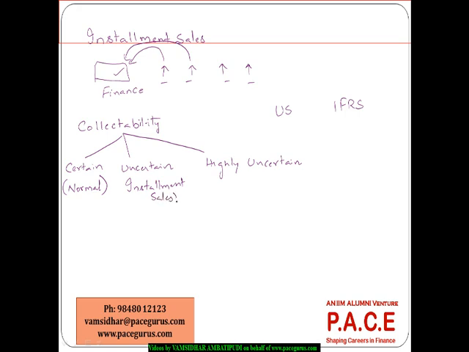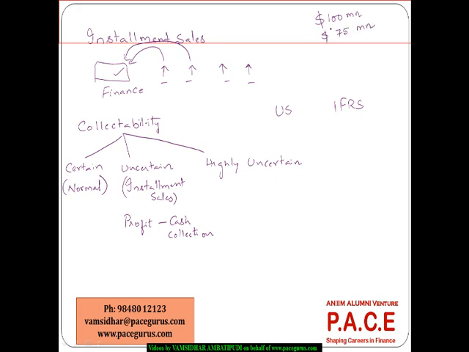And what is it that I do in the installment sales method? I will start recognizing the profit as the cash is collected. I will link the profit recognition with the cash collection. So let's say, again the same example I'll take, I've sold something for 100 million. The cost that I have incurred on it is 75 million.